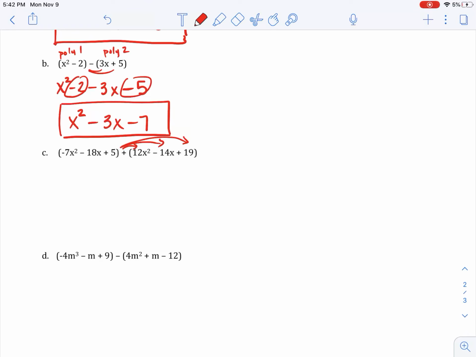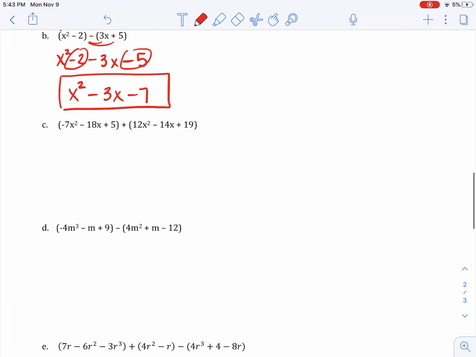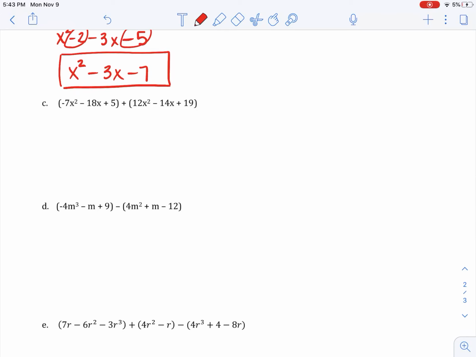Nothing would really change, right? You'd still have a positive 12x squared. You'd still have a negative 14x. You'd still have a positive 19. Bringing a plus in really doesn't do anything. Bringing a minus in does. It says take the opposite. That's what a minus sign means, but a plus means nothing.